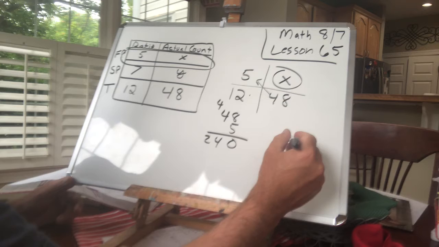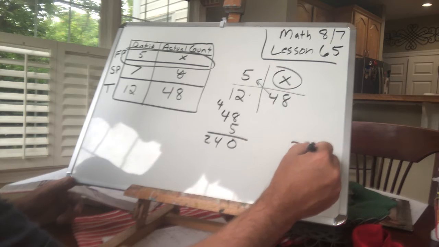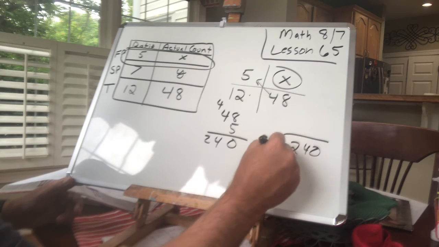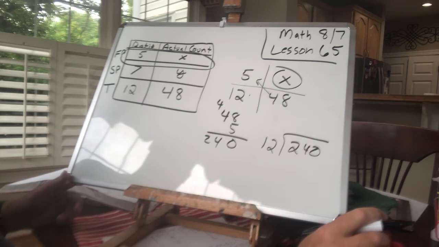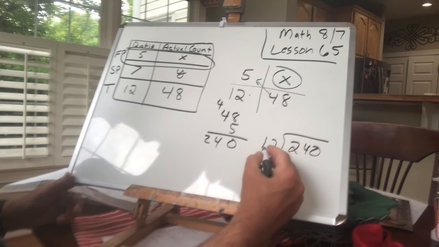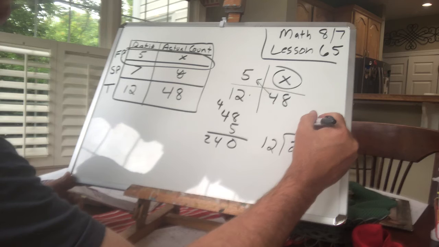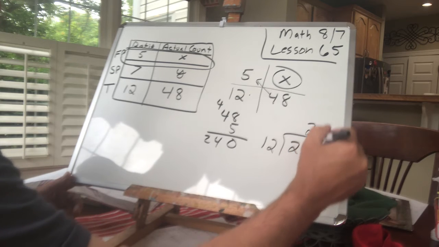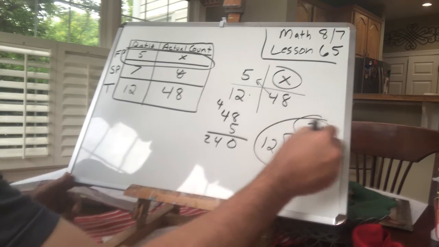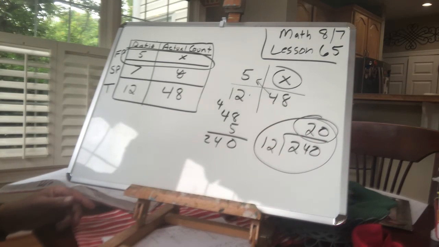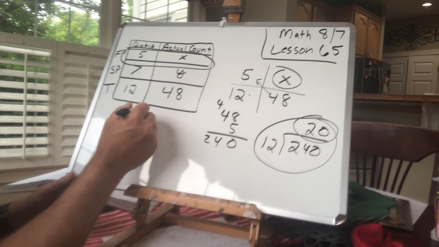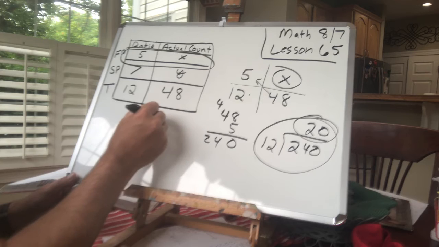So I have 240, and then I divide by 12. 240 divided by 12: 12 does not go into 2. 12 does go into 24 twice with a 0 left over. So my answer is 20. There are 20 football players.